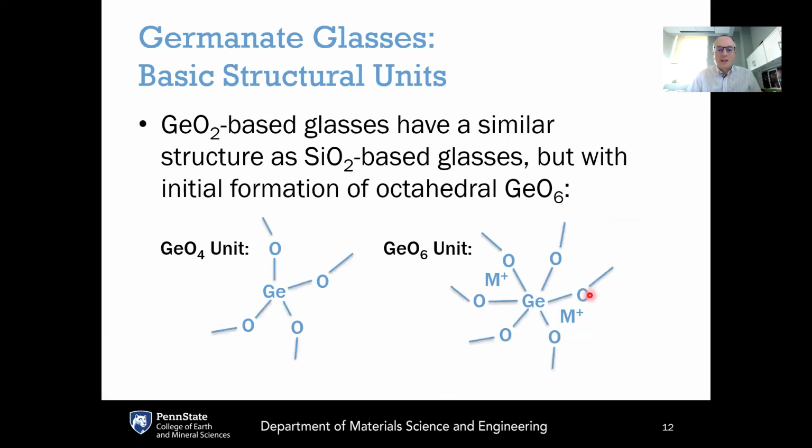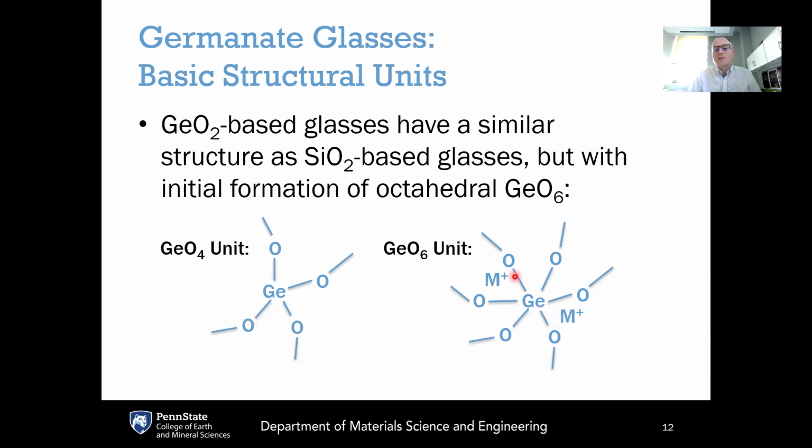The reason for this is it's kind of analogous to what we saw with the borate anomaly in borate glasses, where the modifiers can act to charge stabilize the germanium with a different coordination number. But in the case of the germanate anomaly, we're converting from fourfold coordinated tetrahedral germanium to six-fold coordinated octahedral germanium.